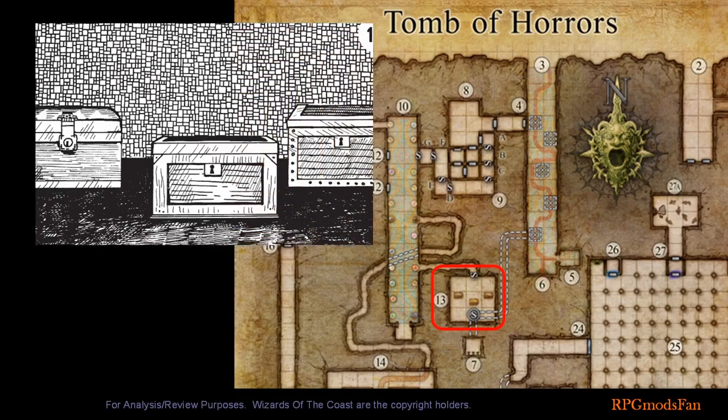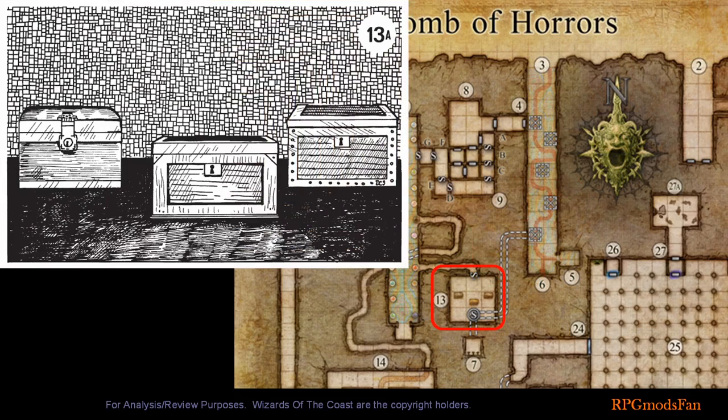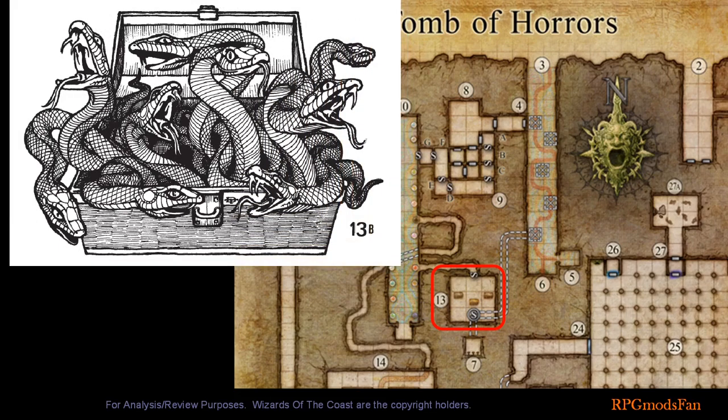Within chamber number 13 are 3 large chests. The chest on the left is gold-colored, the one in the center is silver, and the one on the right is oak. Within the gold-colored chest are 12 large asps.